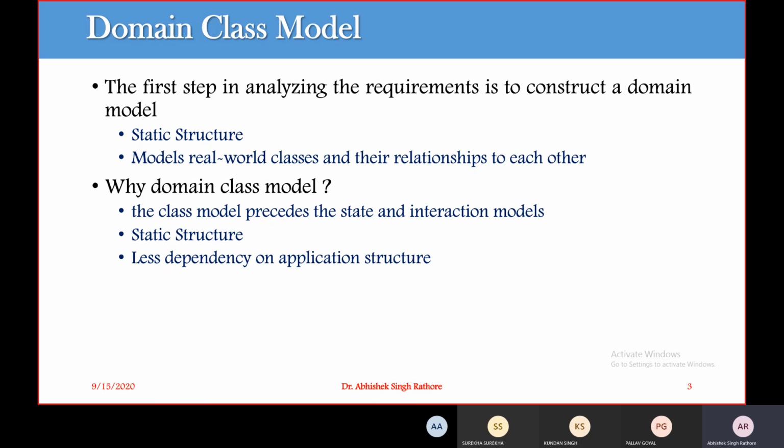So you can have some inconsistency or redundant information, but the idea is that we don't want to lose any information. So we have some different steps to construct our domain class model.